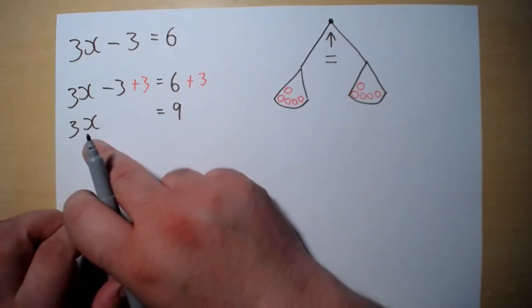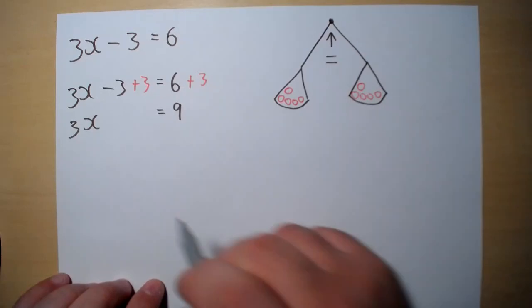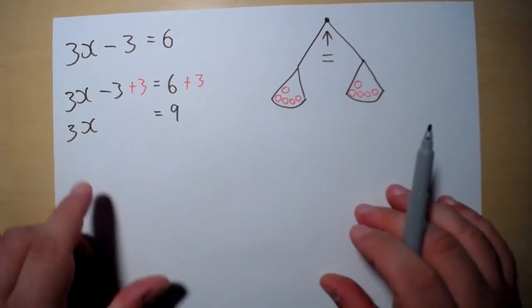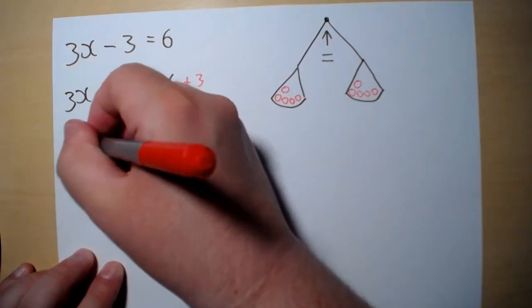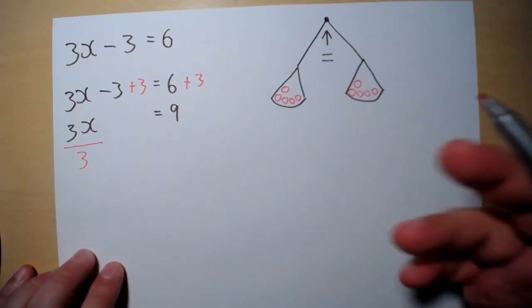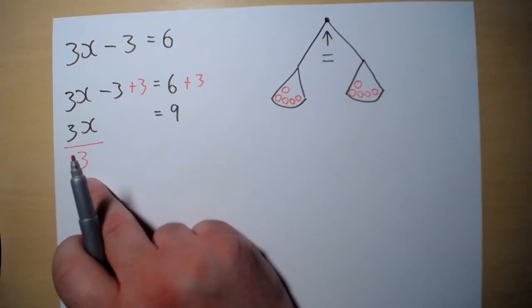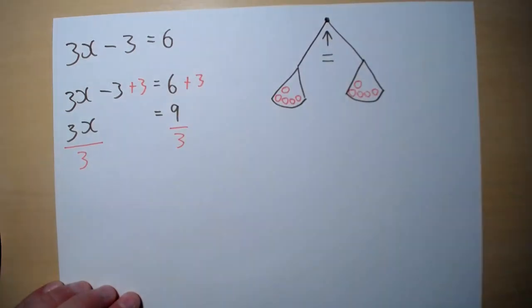But we want only one x. So what are we going to do? To get 1x, since we have 3x, we have to divide this by 3. But in order to keep the equilibrium, since I have divided by 3 on the left-hand side, I am going to divide by 3 on the right-hand side.